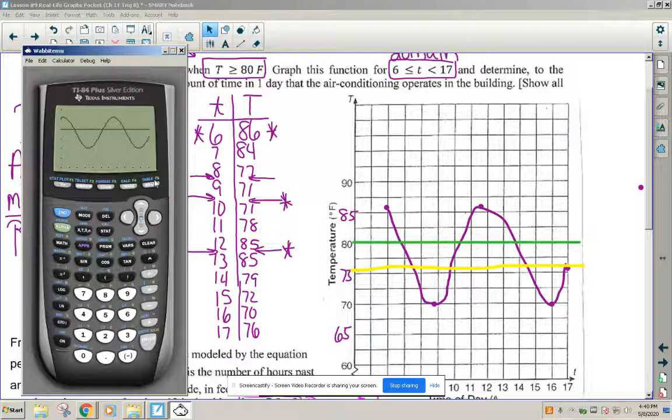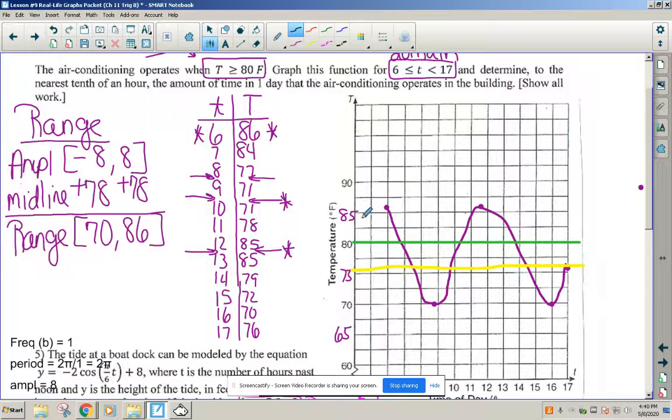So here now, we know that this part here was 6. But now we have to find this here because underneath here was where the air conditioning was running. And the air conditioner is running here.